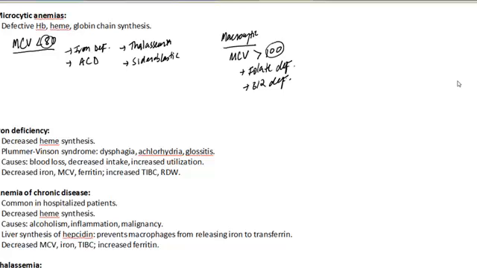So B12 deficiency is usually going to be secondary to malabsorption or parasites like Diphyllobothrium latum, or if someone gets a terminal ileal resection, we know that B12 is absorbed in the terminal ileum, so that can be a cause of B12 deficiency. But folate is commonly seen in alcoholics, okay, and also in those other cases, phenytoin, methotrexate, oral contraceptive pills, pregnancy, etc. Okay, all the other things that can deplete your folate.